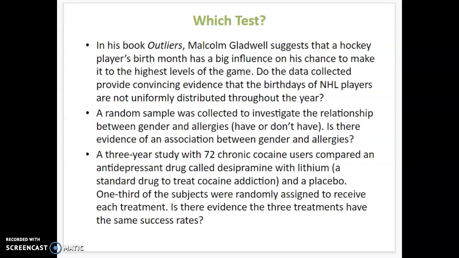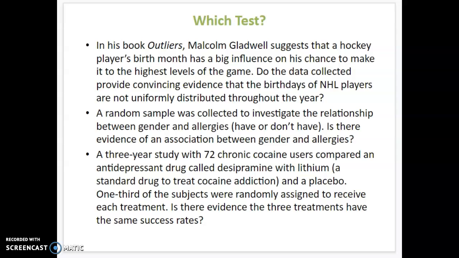So a few examples out of the book. This outliers was really interesting with Malcolm Gladwell. Depending on when you were born, was there evidence that you made it big, basically? So because of the way that they do age cutoffs, people that tended to have birthdays earlier in the calendar year essentially had more practice and kind of had a leg up on other people.